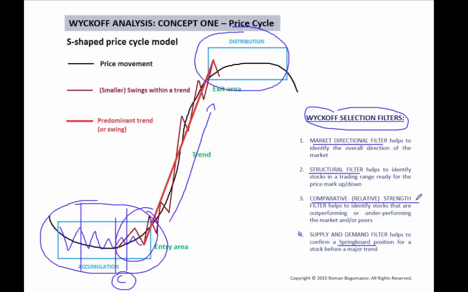The springboard is the position of the stock where the stock has absorbed the supply, it's making higher highs, higher lows, and it's ready to leave the trading range and go into the major trend. So these are the main four filters, and this is a very simplified approach of looking at how Wyckoff would go through the selection mechanism.